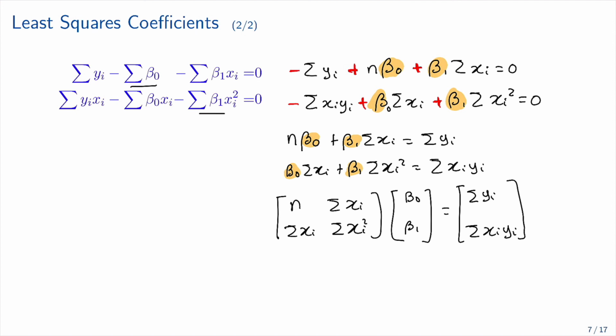So we can solve this matrix system, but we can notice that if we divide by n, it will simplify the first row a little bit nicely. So I'm going to multiply by 1 over n.